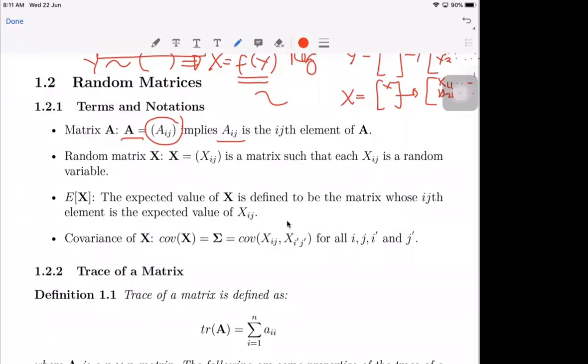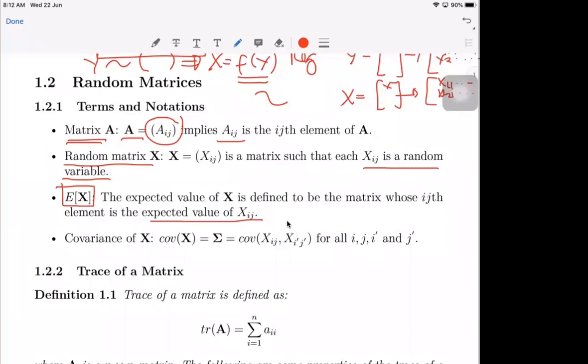The difference between a simple matrix and a random matrix is that each of the entries in a random matrix is a random variable. So when it is a random variable, it means that it will have its own distribution, no? And then the expected value of a random matrix will be defined as the expected value of each of the entries Xij of your random matrix.